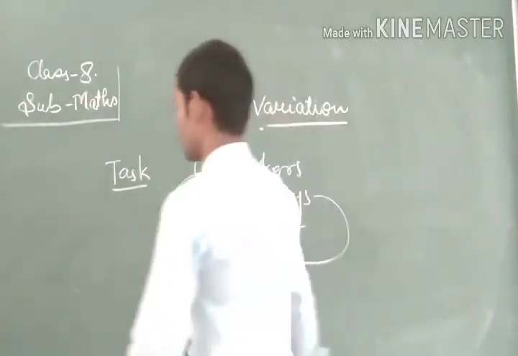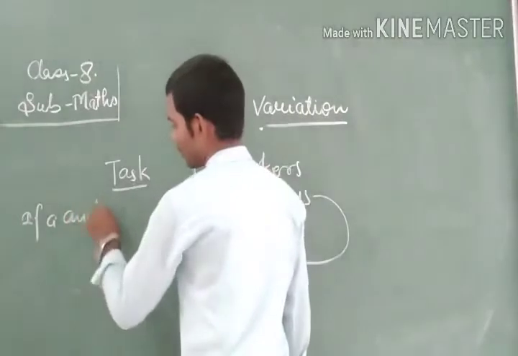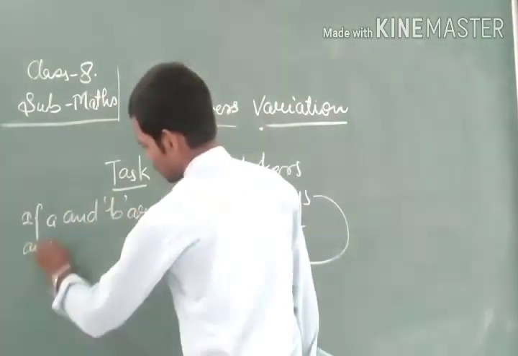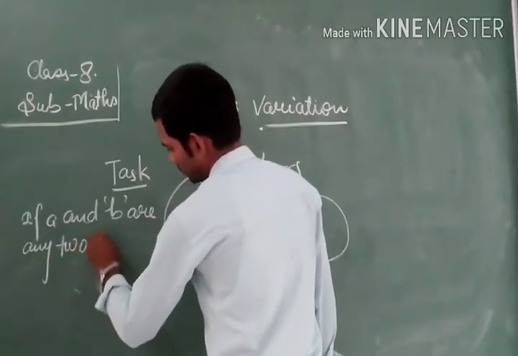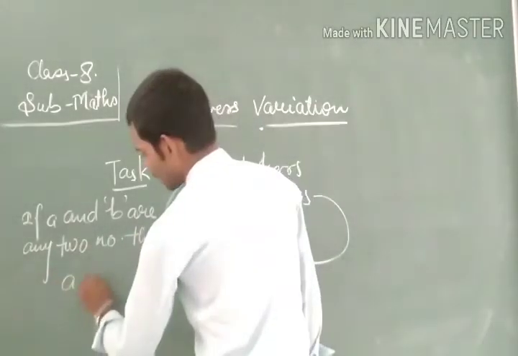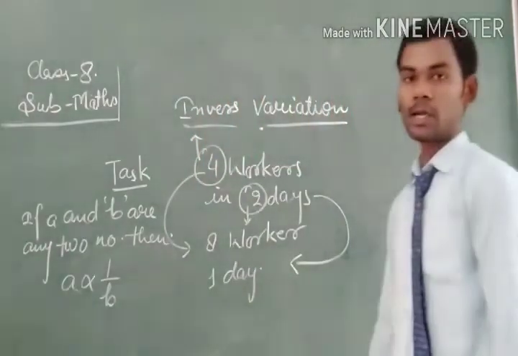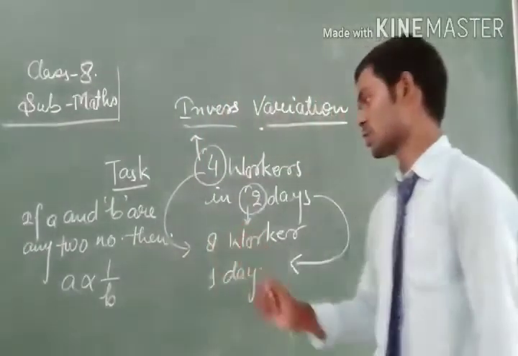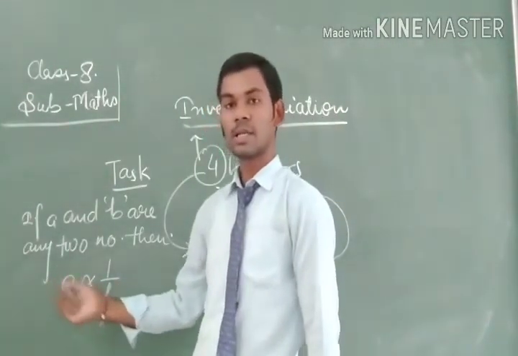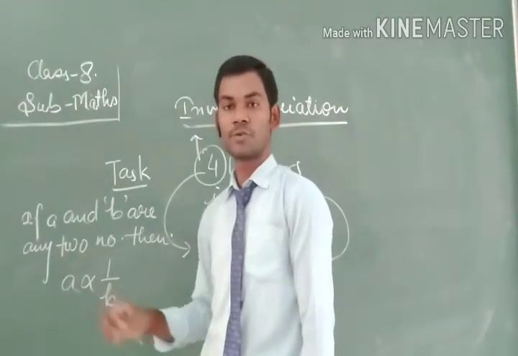So in general form we write, if A and B are any two numbers, then we write A is inversely proportional to B, which means that if A increases, then B decreases in the same ratio.